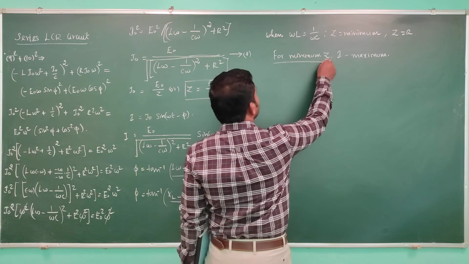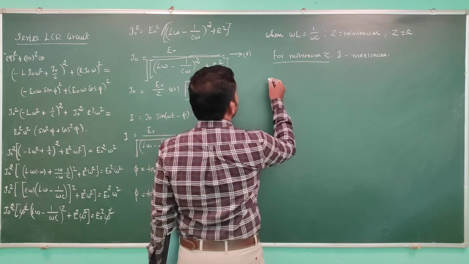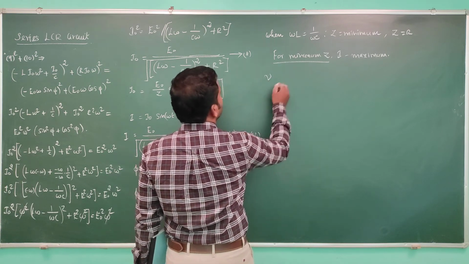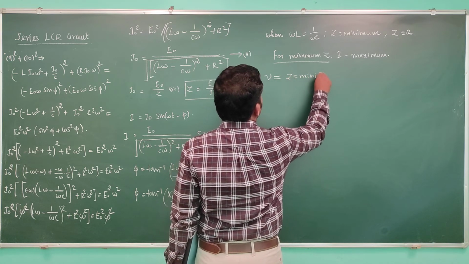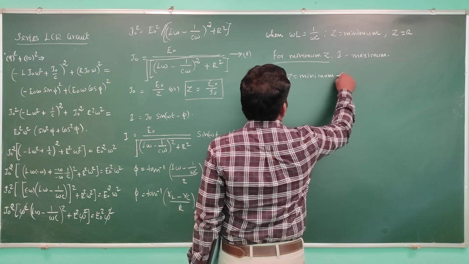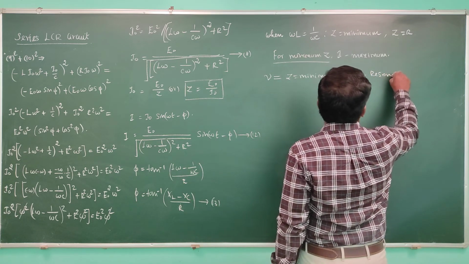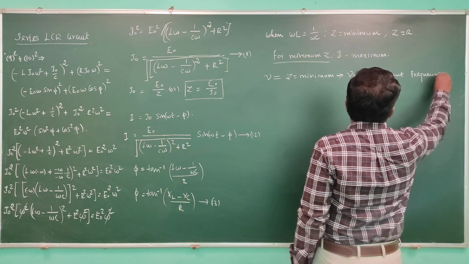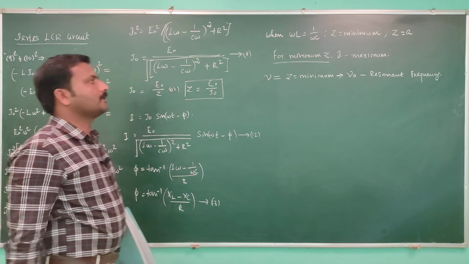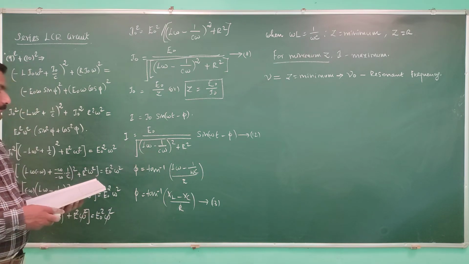The linear frequency at which this minimum impedance is achieved is called the resonant frequency. The nu at which Z is minimum is called nu naught. This is called the resonant frequency of that circuit.